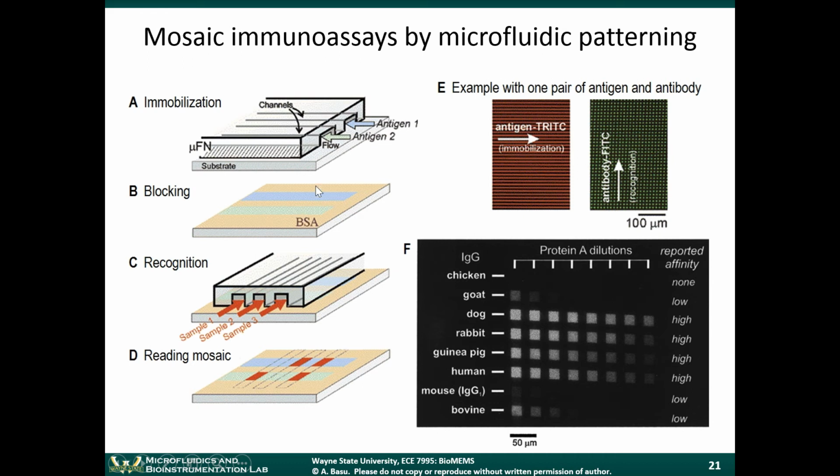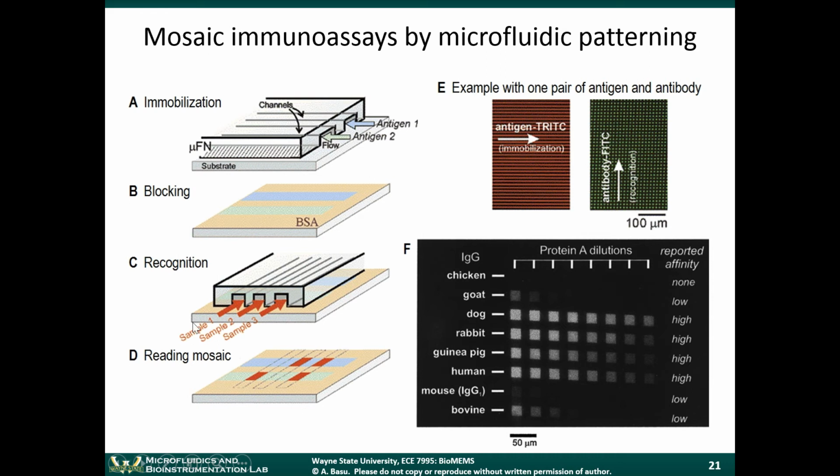Then they add BSA to the rest of it. Whichever parts were not covered by the antigens will then be covered with BSA. BSA is sort of a blocking protein, to prevent attachment of proteins to the surface in those areas. And then you flow in your sample here like this.